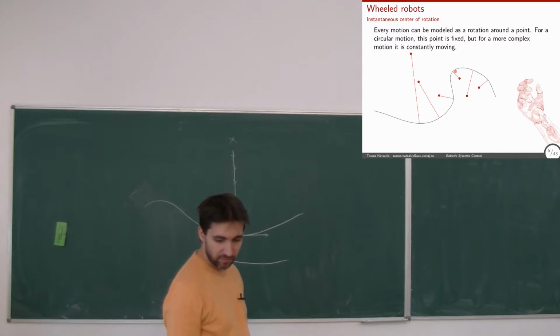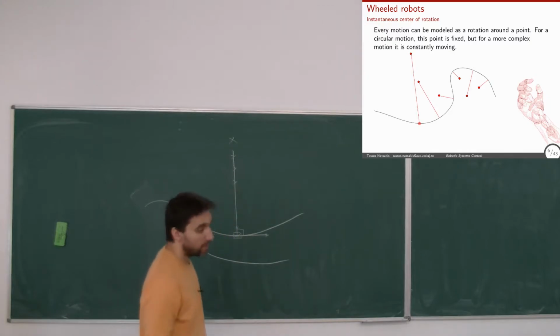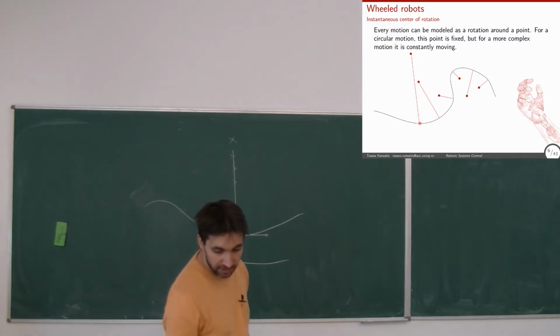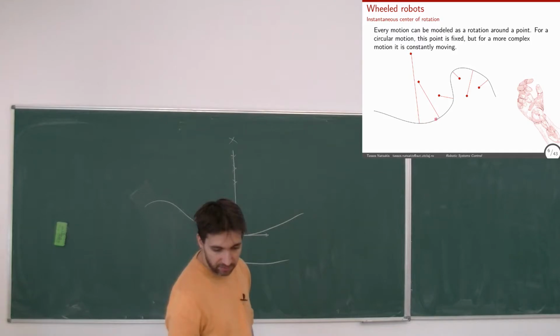Where I have not so sharp turns, the instantaneous center of rotation is further away. Why do I call it instantaneous? Because when the robot is at this part of the curve, the center of rotation is up here. When it moves, the center of rotation also moves. So it will move from here to here while the robot is driving here. Okay?